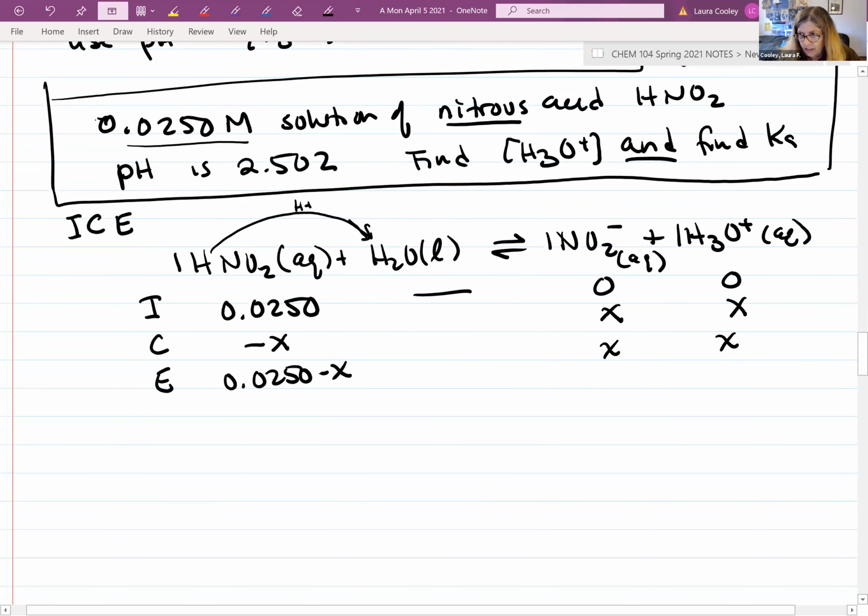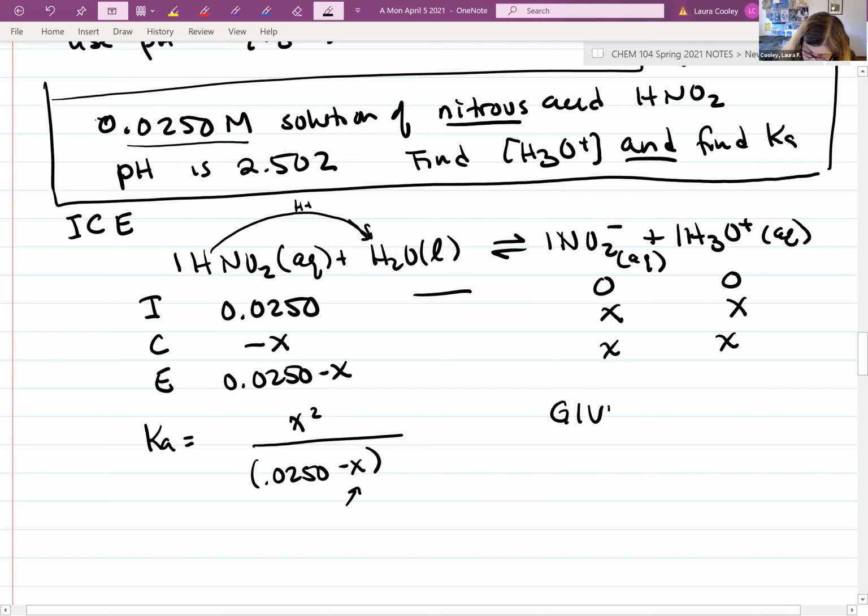So, you might be tempted. Let's set up our Ka: X squared over 0.025, products over reactants. You might be tempted to cross that X out, but then you have to think, what are you given in this problem? You are given the pH.